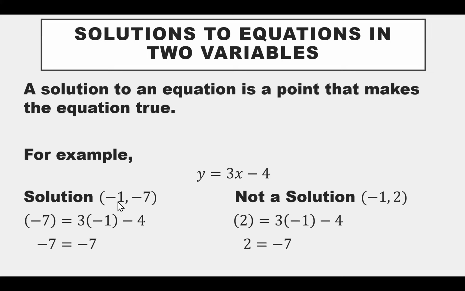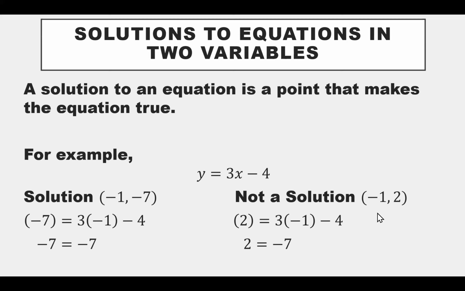So for instance, if I plug in -1 for x and -7 for y, I get -7 is equal to 3 times -1 minus 4. If I simplify the right-hand side, I end up with -7 is equal to -7. That's obviously true. Therefore, this point is a solution to this equation.